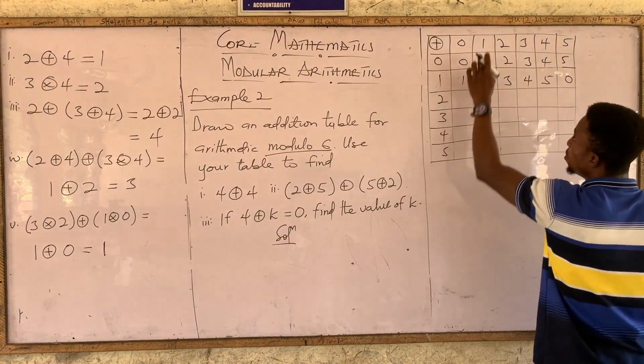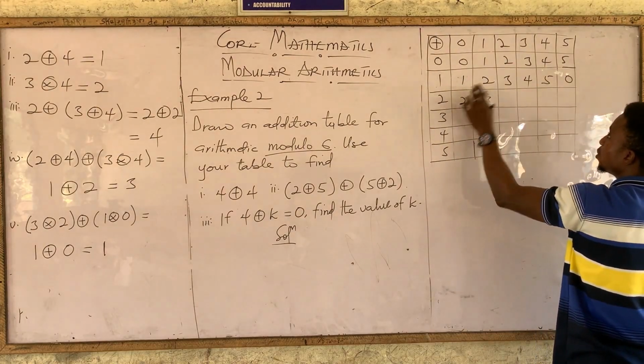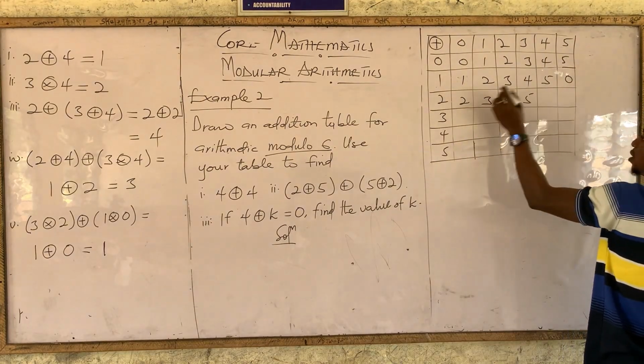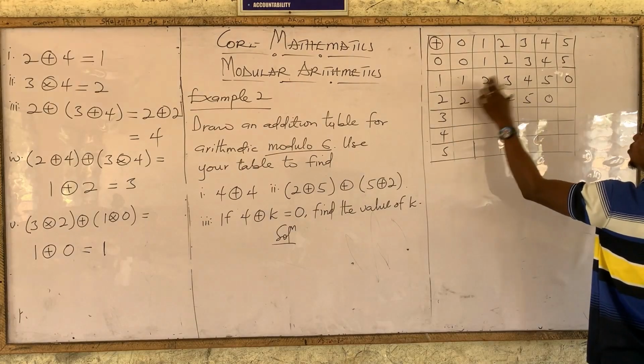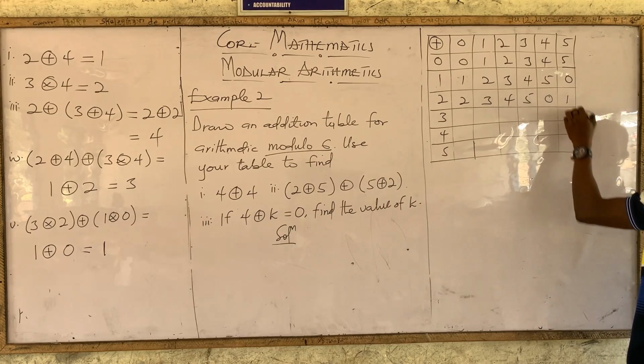Then you proceed 2 plus 0, 2, 2 plus 1, 3, 2 plus 2, 4, 2 plus 3, 5, 2 plus 4, that is 6, so 0. 2 plus 5, which is 7, so it will be 1 in modulo 6.